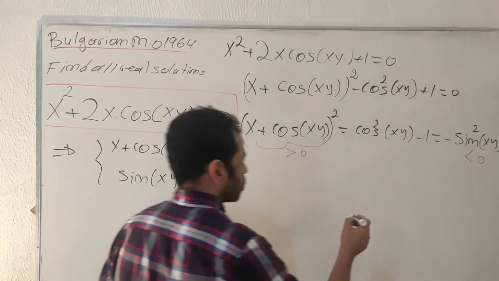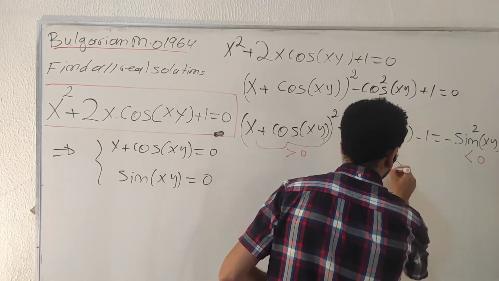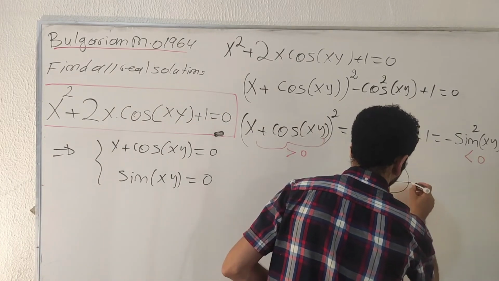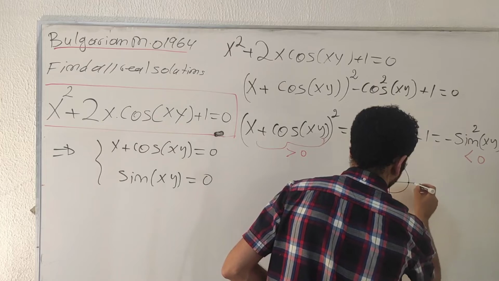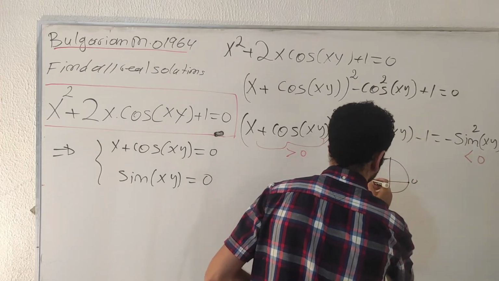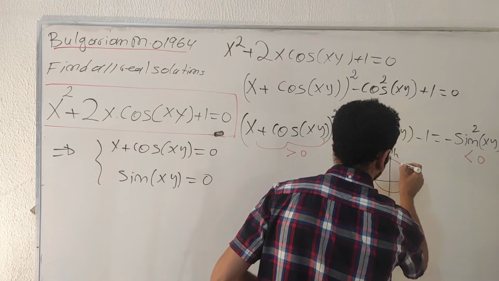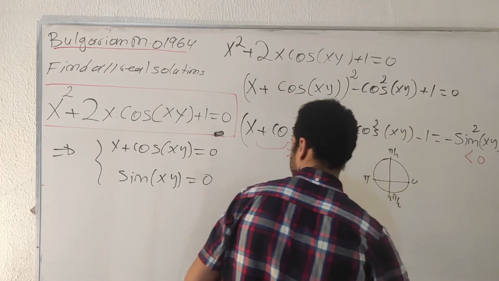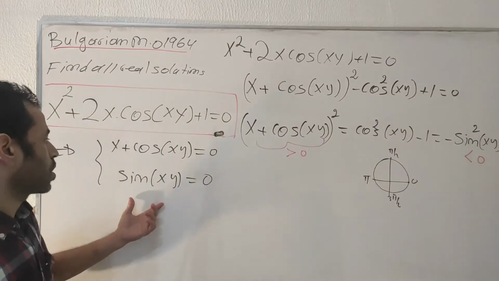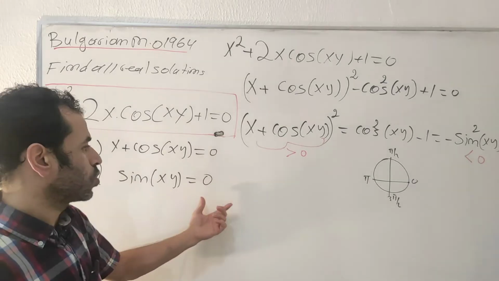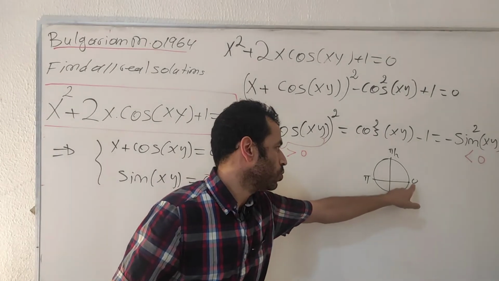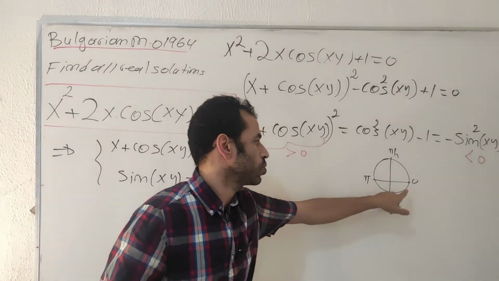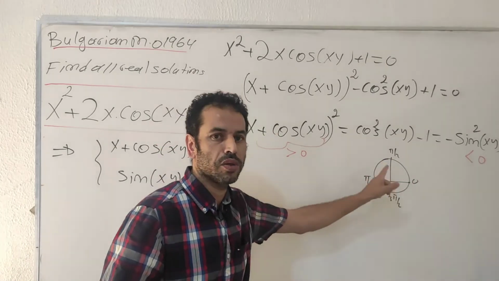If you go back to the unit circle, we know sine equals 0 at 0, pi, 2 pi, 3 pi, 4 pi, and so on and so forth.